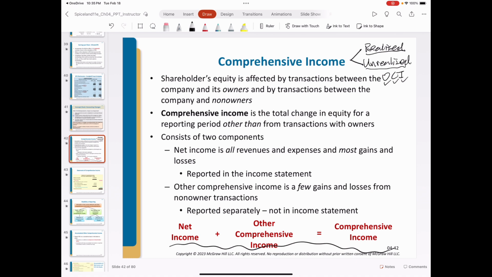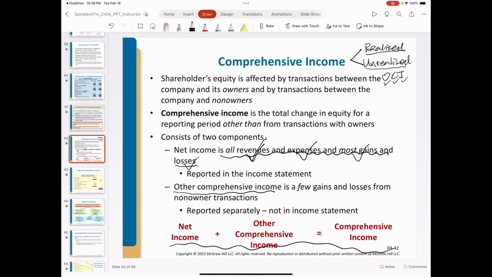The income statement reports all the revenues, expenses, gains, and losses that are either realized through sales of goods and service or sales of assets, settlement of liabilities, or expense incurred and losses that were recognized.